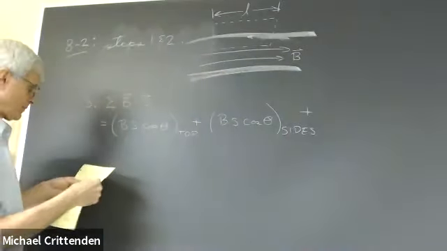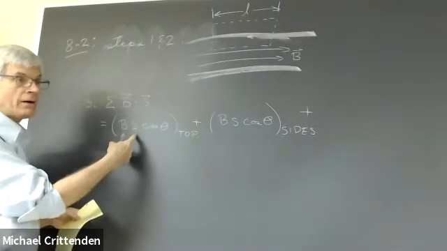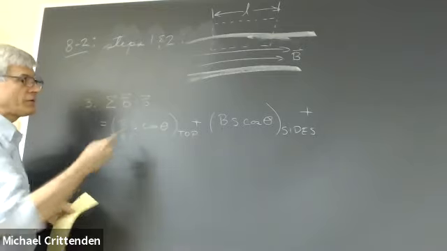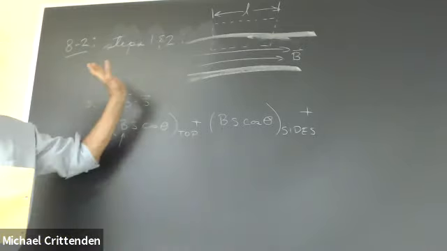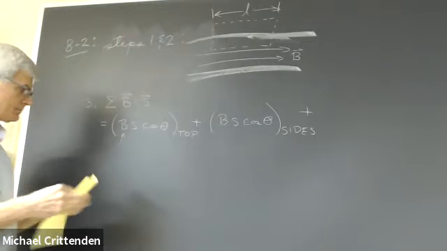Now, actually, I might as well say right now that this part is 0, because in an infinitely long solenoid, the field outside is 0.